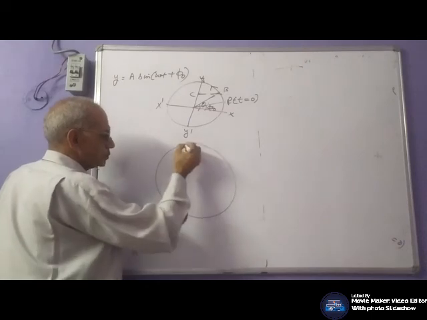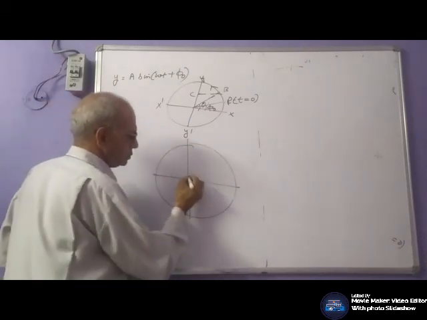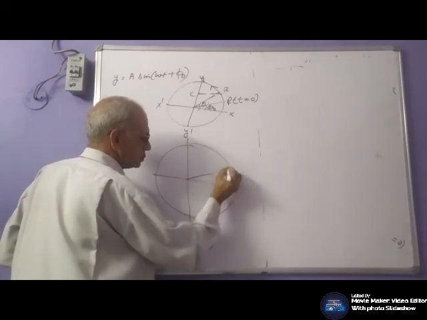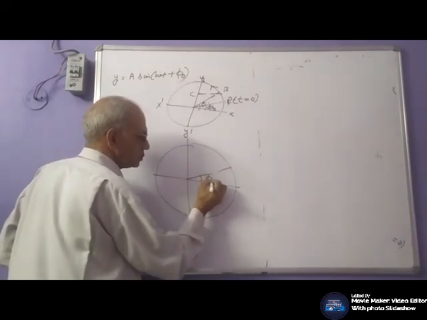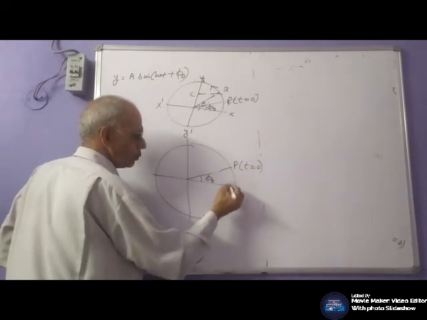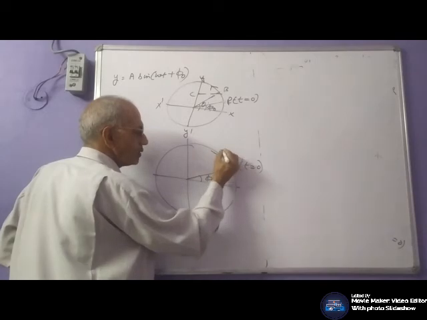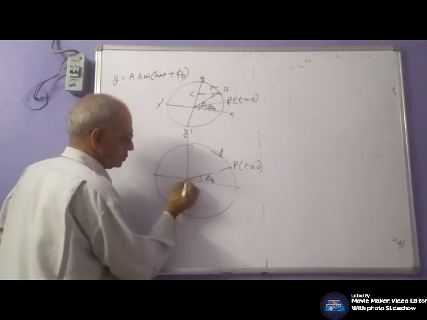Suppose t is equal to 0 and this is the direction of motion.